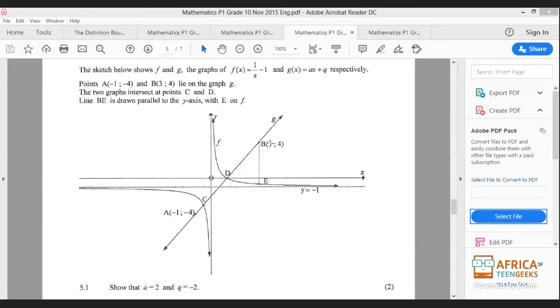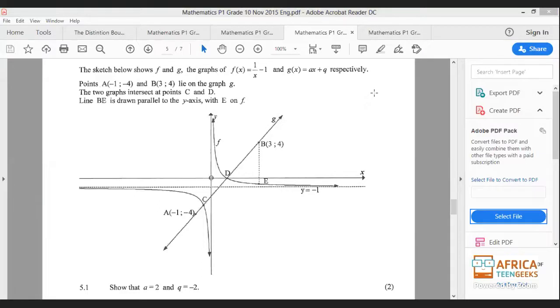If you've got 2 points, you can get a gradient. So you can calculate the gradient using point A and point B, right? You must get 2. And it makes sense because this is upward sloping, so its gradient is going to be positive. Then once you've got a gradient, you can substitute it here and choose one of the points, whether A or B, to calculate q. Right. And see whether you're going to get -2.